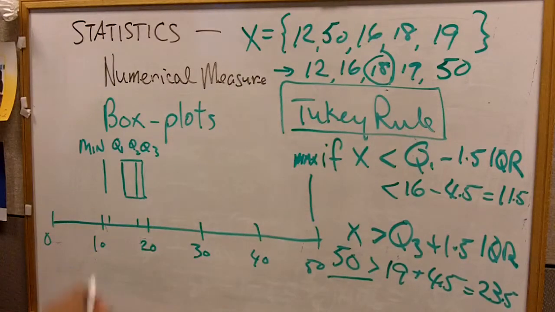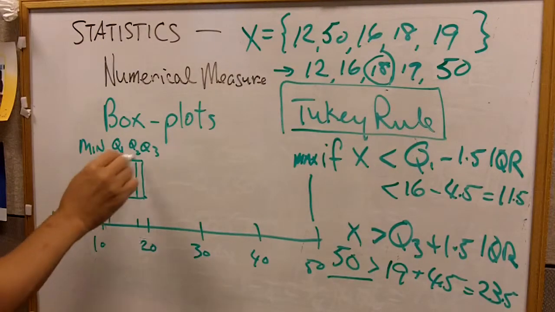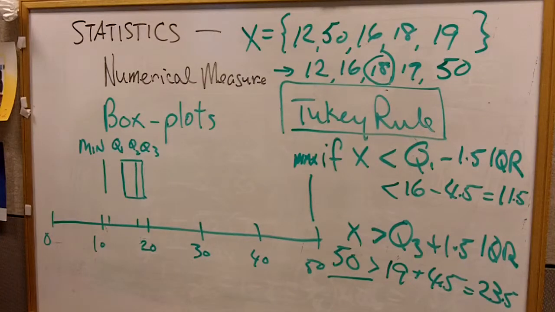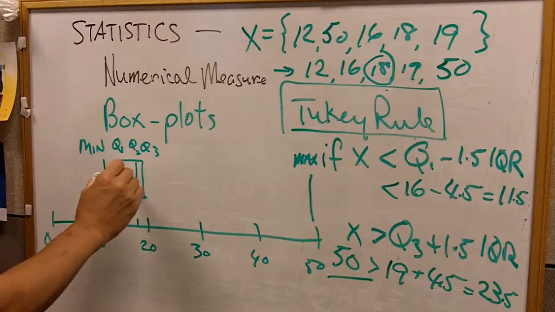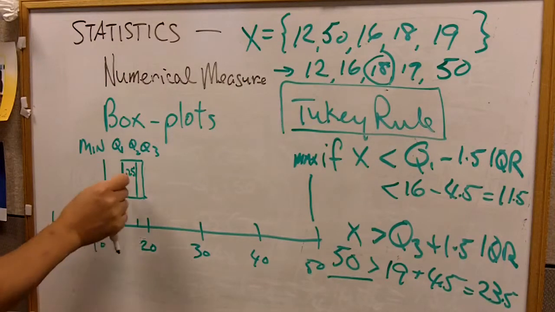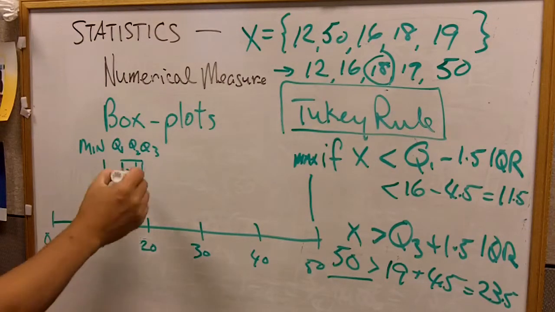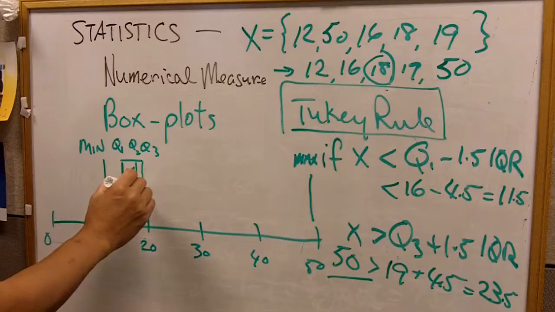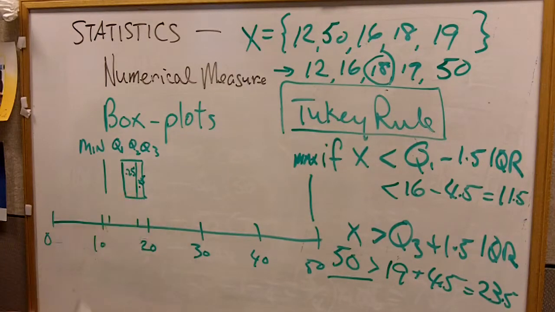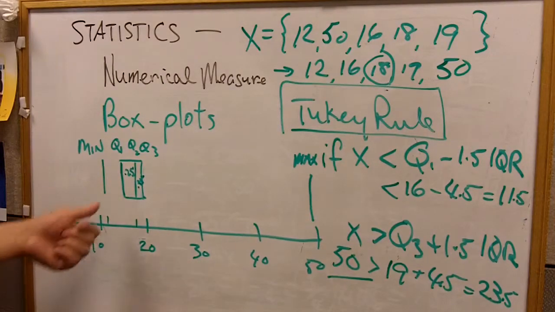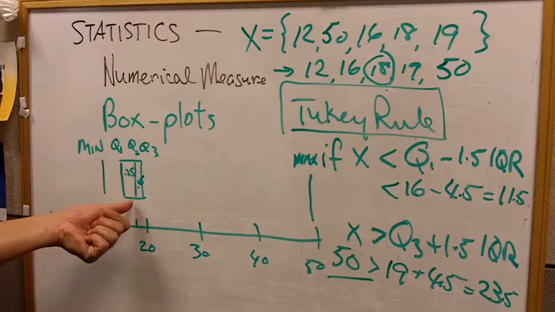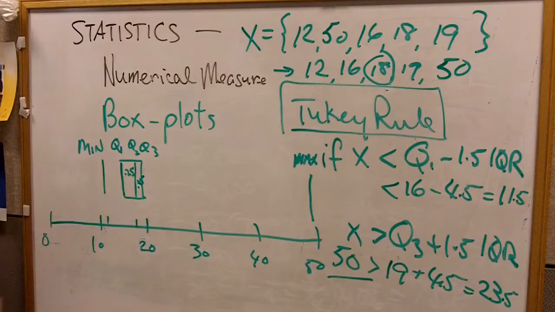The box defines the middle 50%, and here we have 25%, and you can see the biggest spread compared to right here, which is the smallest spread. This spread is between 18 and 19, and the spread between Q1 and Q2 is actually 16 and 18.